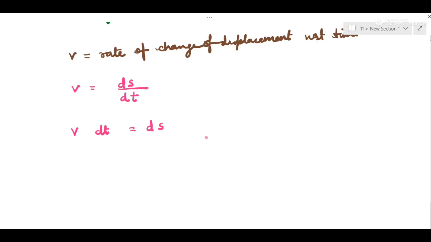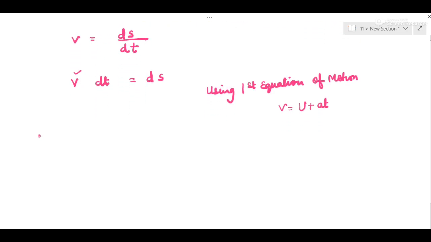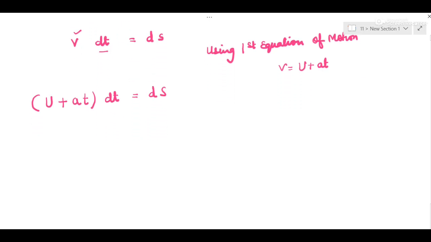Now we will use the first equation of motion, that is v is equal to u plus at. Substitute in place of v here. So let us substitute: it's u plus at, then dt equals ds. So now we'll integrate both the sides.